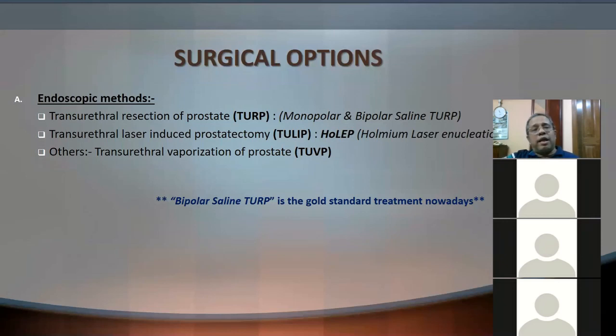Our gold standard treatment nowadays is bipolar saline TURP. Later I will describe monopolar TURP and bipolar saline TURP. We can discuss that later.